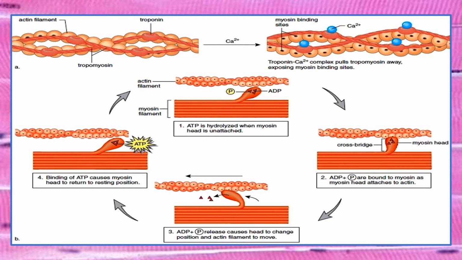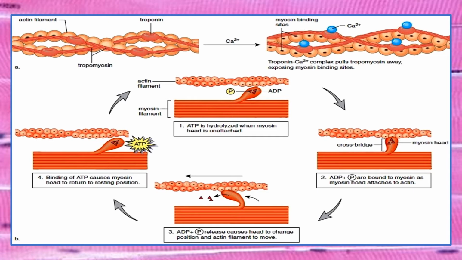Another ATP molecule binds to the myosin head, allowing it to release from the binding site. This process is repeated with a new myosin head attached while another is being released, until the desired length of contraction is reached. In order for the muscle to relax, the binding sites must be covered again. This is where the sarcoplasmic endoplasmic reticulum calcium ATPase pump, or the SERCA pump, comes into play.